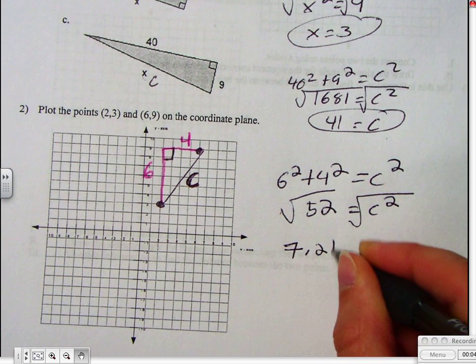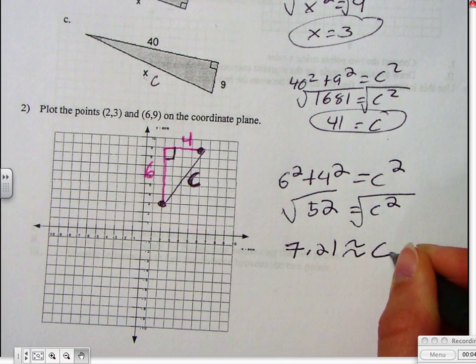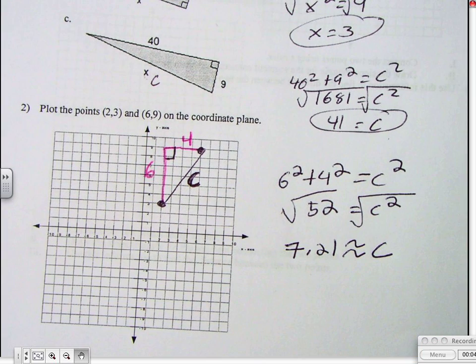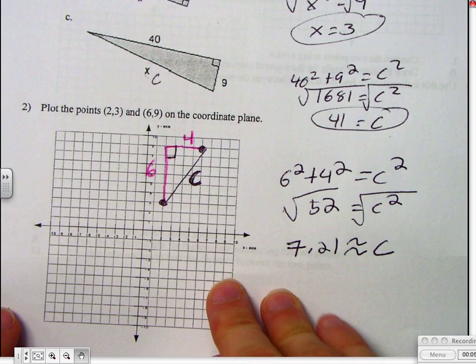So I get 7.21 approximately is my C. Okay, any questions so far? Okay, let's turn it over.